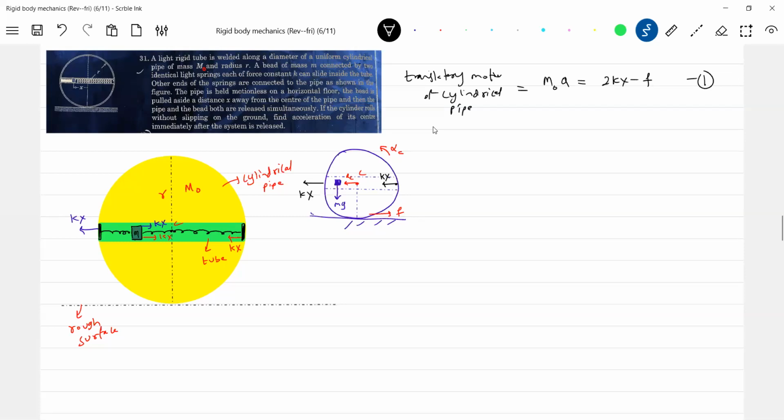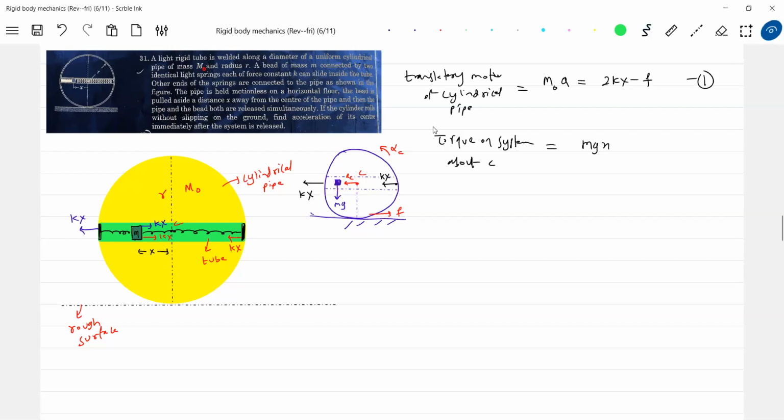Let's go for torque. Torque on system about C should be equal to mgx. X is the distance, this one. I can't show all the things, so X I'm showing in the left diagram and mg is what we have here.